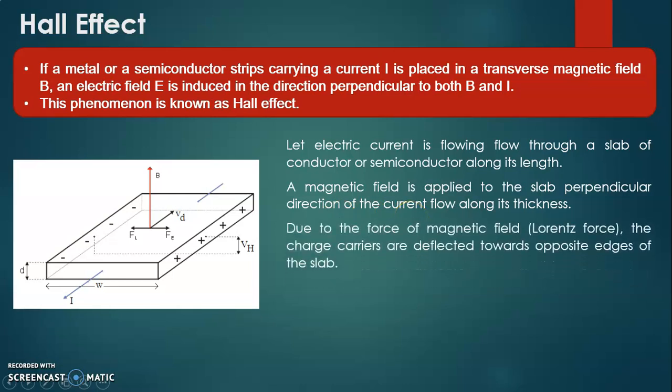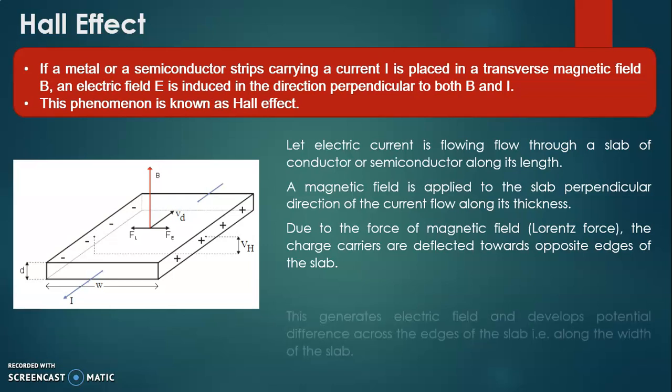Due to the force of the magnetic field, that is the Lorentz force, the charge carriers are deflected towards the edge of the slab. We know the Lorentz force. When there is a magnetic field and current flowing through the conductor, the charges are deflected, and the force acting on the charge due to the magnetic field is given by the Lorentz force.